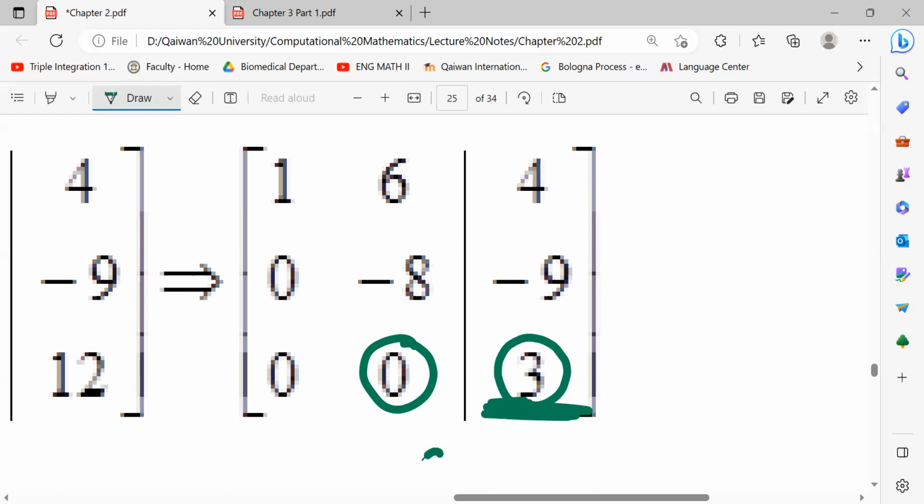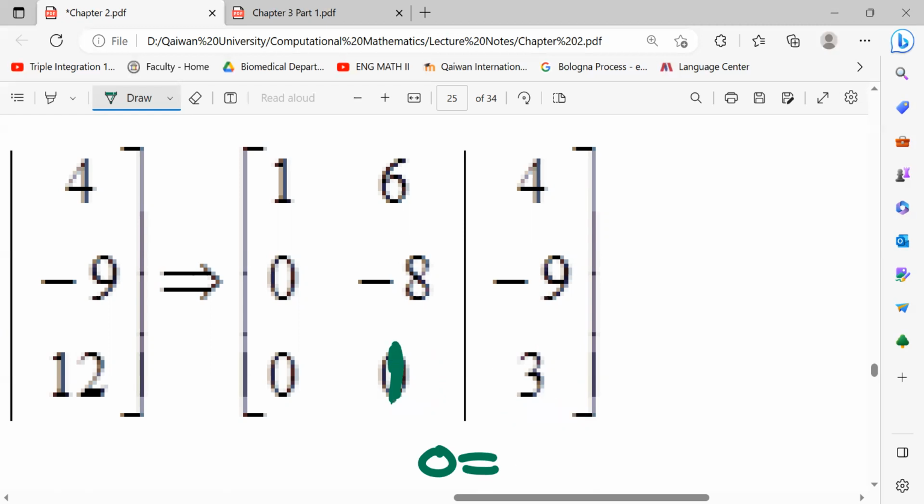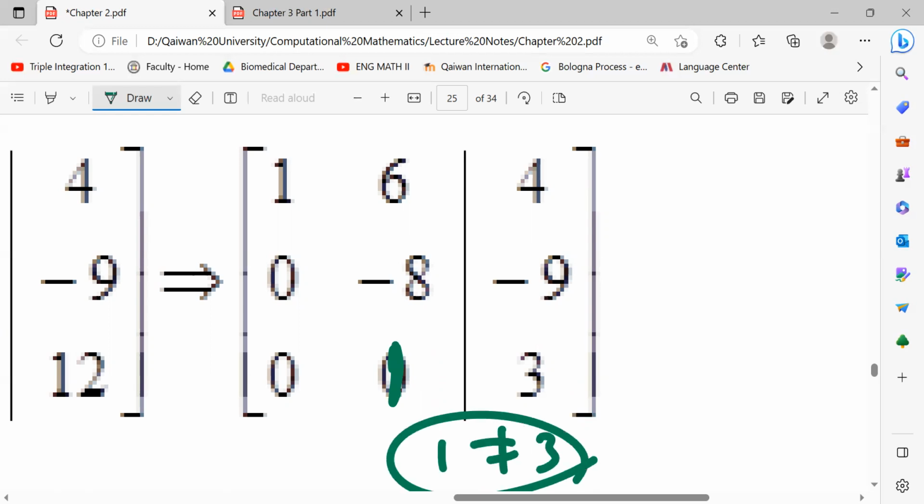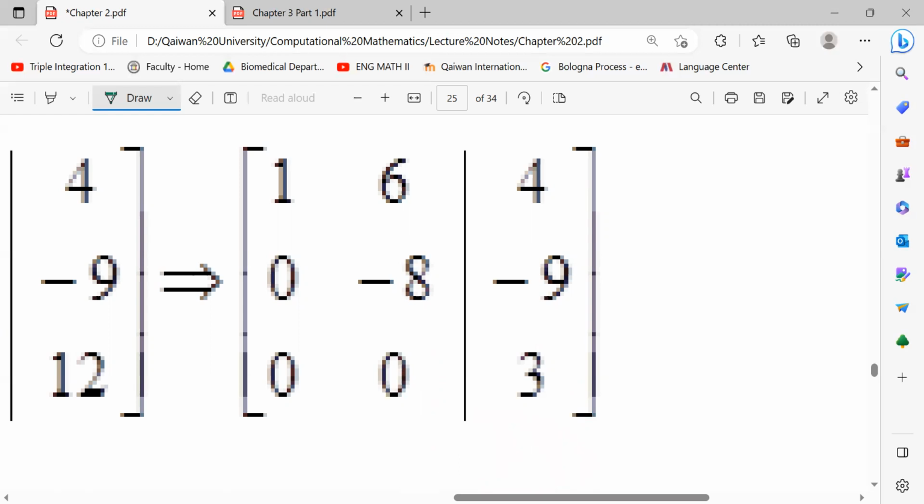For example, here 0 never equals 3. What if this is 1? Is it possible? No, it's impossible also. 1 never be 3.